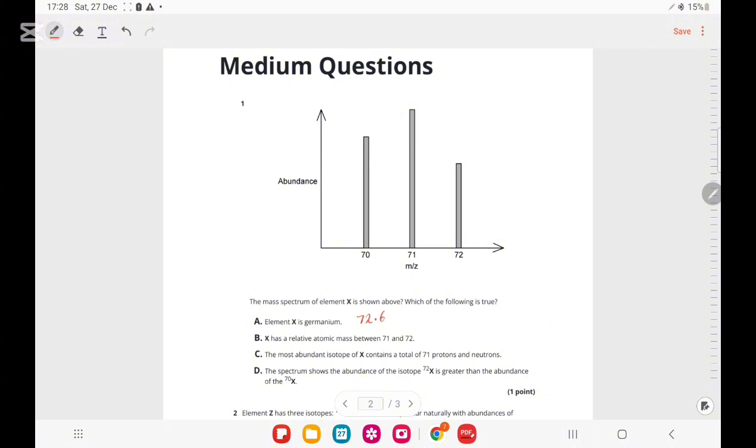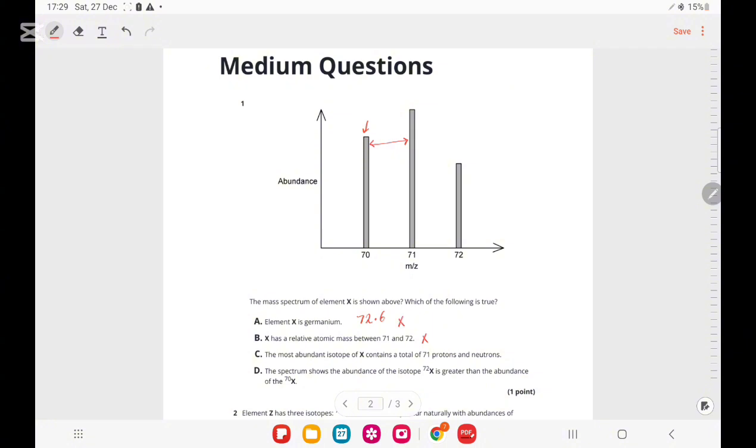Then they say X has a relative atomic mass between 71 and 72, but the second most abundant peak is of 71. So the value should lie between 70 and 71 because they have the most abundance over there. So this cannot be true. This can also not be true.